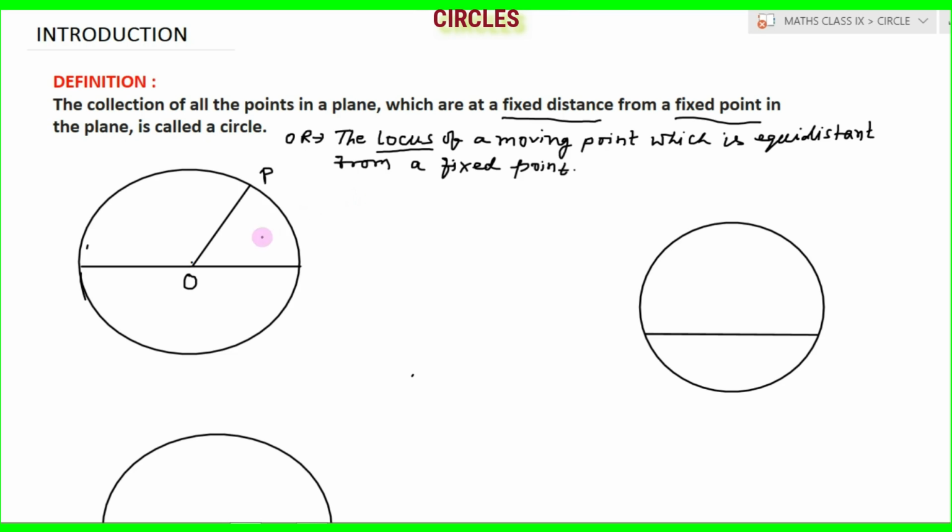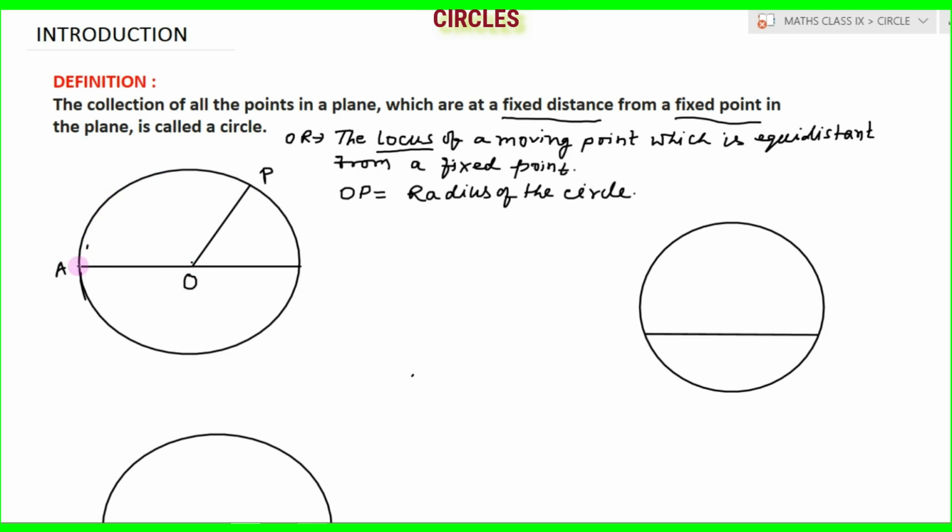Here the fixed point is O and the moving point is P. The length OP is called the radius of the circle. If we mark this point A, then OA is also the same length as OP, because when P moves it comes to the point A also.